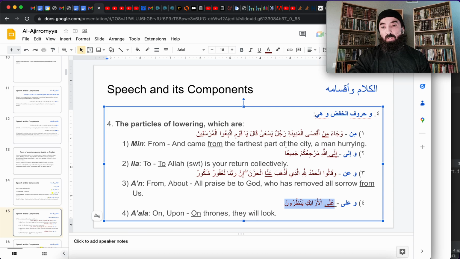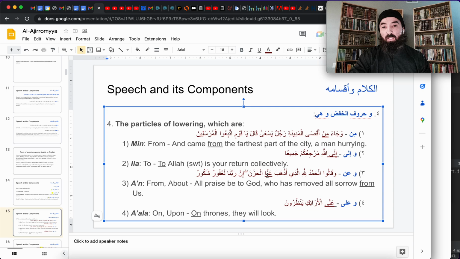So what I want to draw your attention to is what comes after these particles. What comes after min is aqsa, farthest, which is a noun. What comes after ila is lafzul jalal, Allah, and the name Allah is a noun.